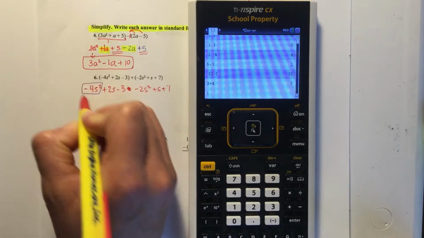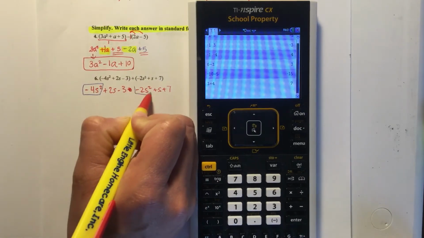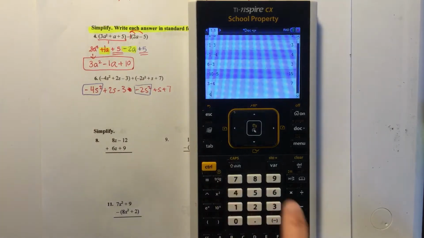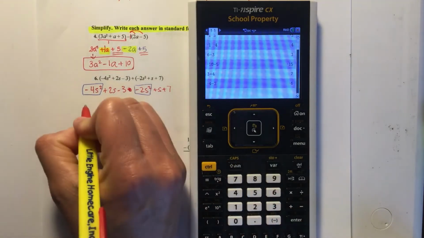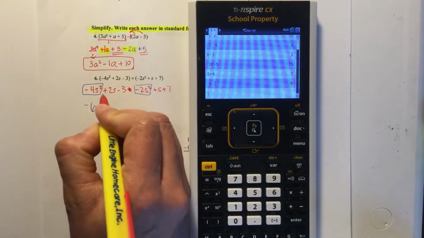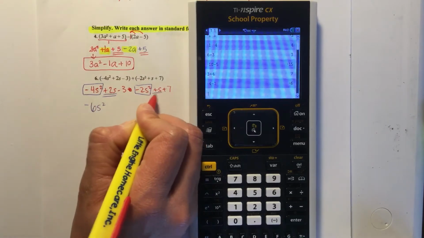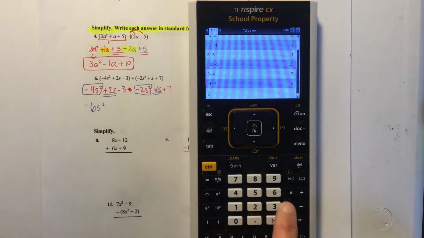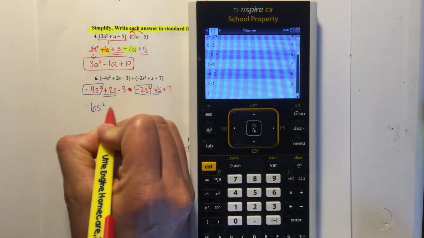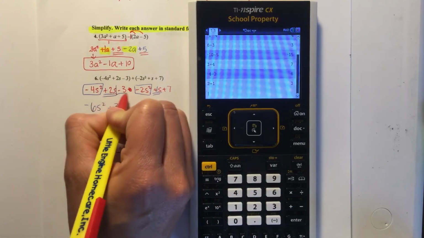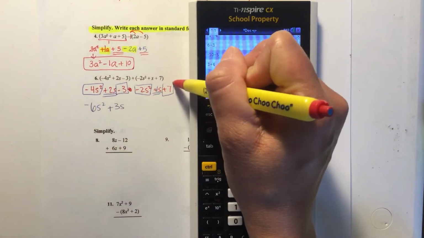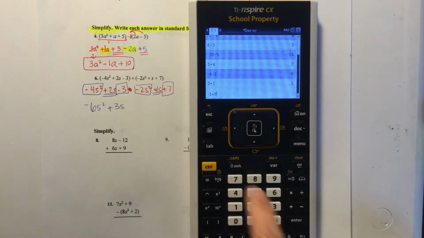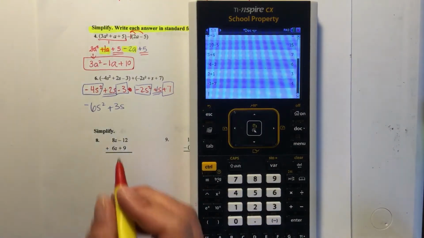You have negative 4s squared minus 2s, so negative 4 minus 2 is a negative 6s squared. Then you have a positive 2s, positive 1s, 2 plus 1 is 3, so plus 3s. Then you have a minus 3 plus 7, so negative 3 plus 7 plus 4.